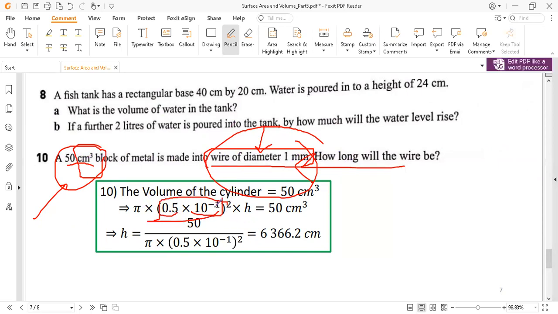Then pi r squared times the height equals the volume of the cylinder, which is 50 centimeters cubed. We have only one unknown: the height. The height equals 50 divided by pi times 0.5 times 10 to the minus 1, all squared, to obtain finally the height in centimeters.